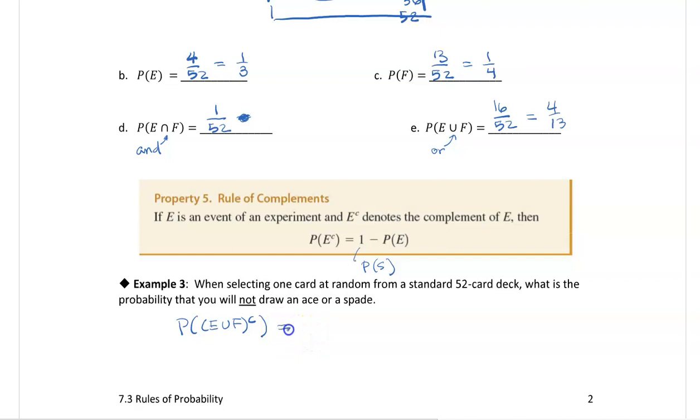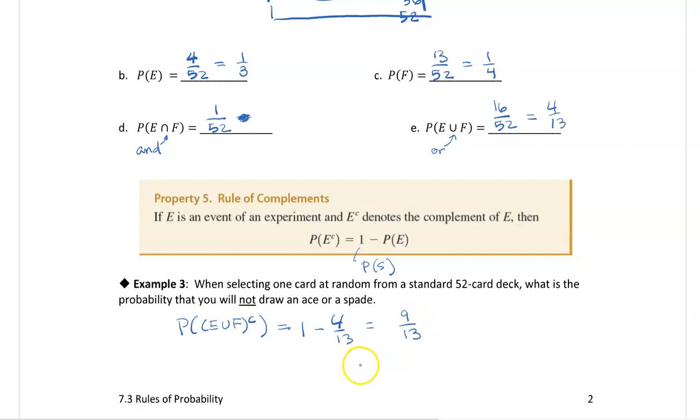The other way we can do it is take 1 minus the probability that we get an ace or a spade, which we calculated up here to be 4/13. So we can take 1 minus 4/13, and we'll get 9/13.